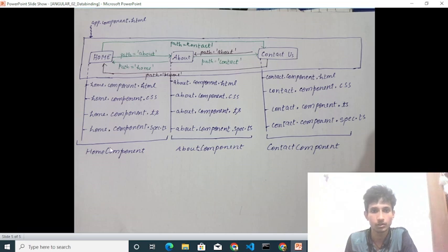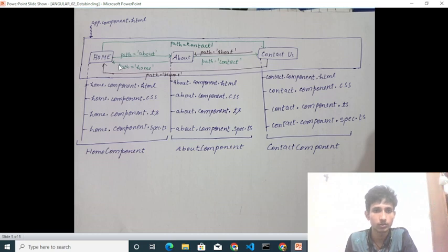We will create a home component that will contain these files: home.component.html, home.component.css, .ts, and .spec.ts. We don't have to focus on that right now. Similarly, we will create a second component, and it will also contain these four files. Similarly, I will create three components, and all the components will contain these files.